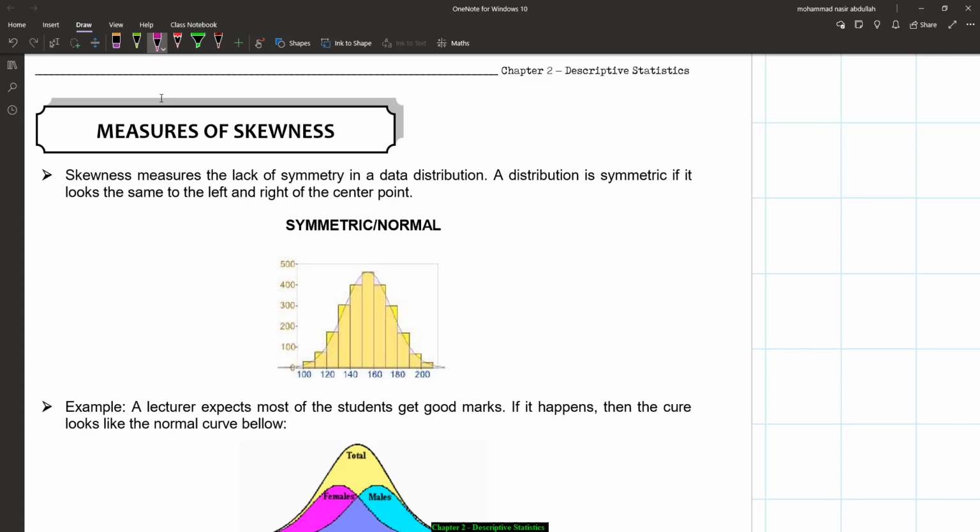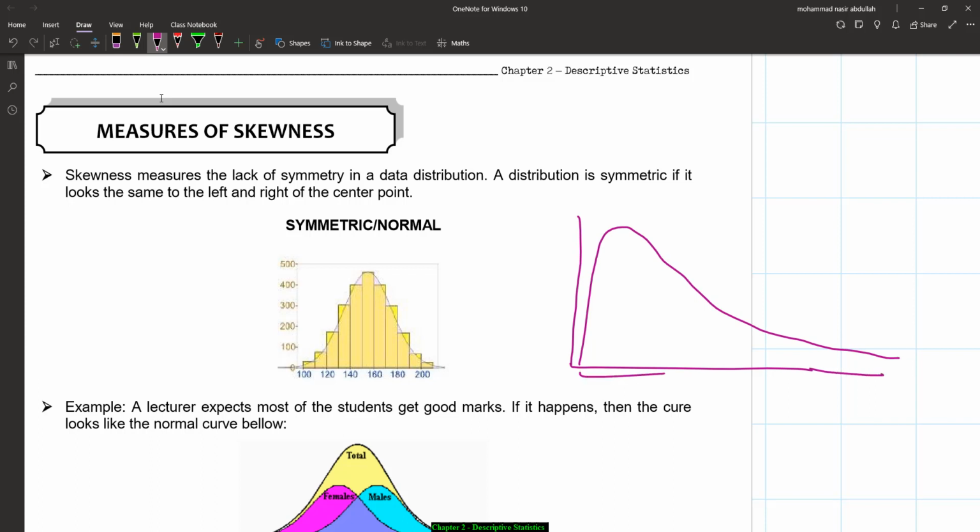Right? So let's say we are measuring the age of population in Malaysia, right? So of course we can see the distribution should be skewed to the right. Maksudnya orang muda lagi banyak daripada orang tua, right? Boleh faham? So that's why we need to carefully choose which measure of central tendency when we know the skewness of the data, right?